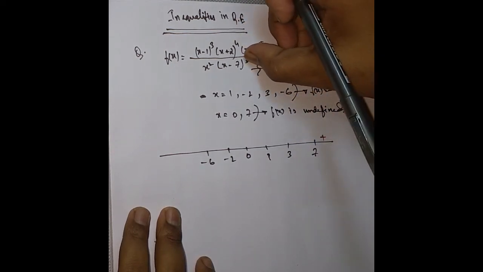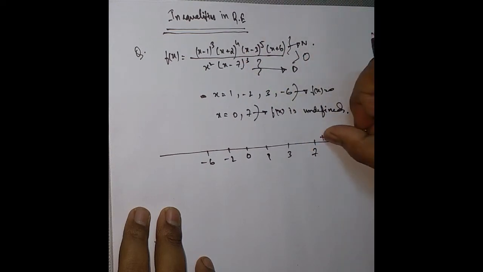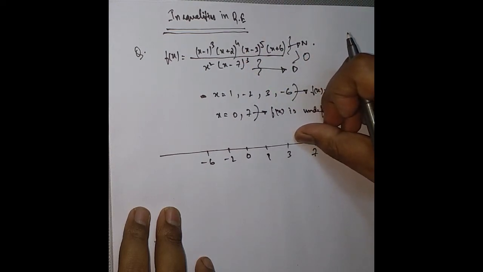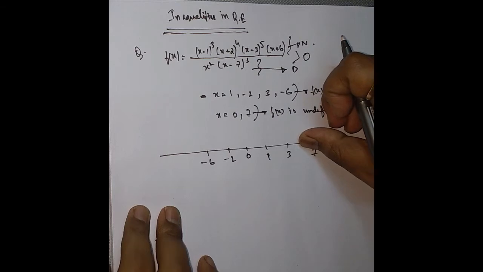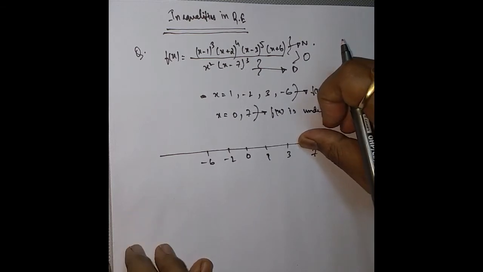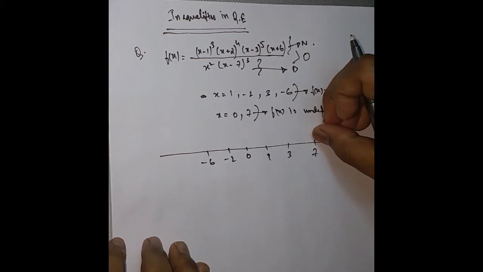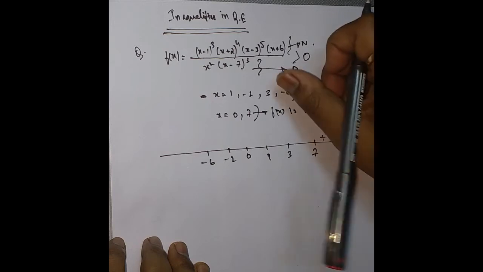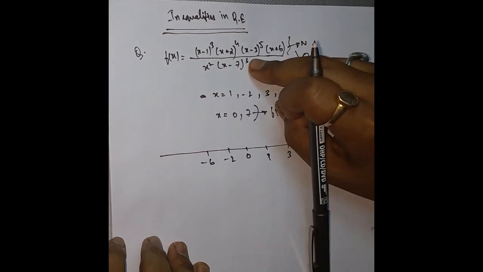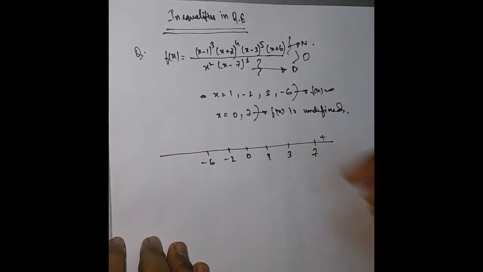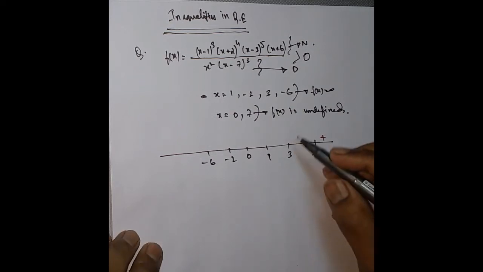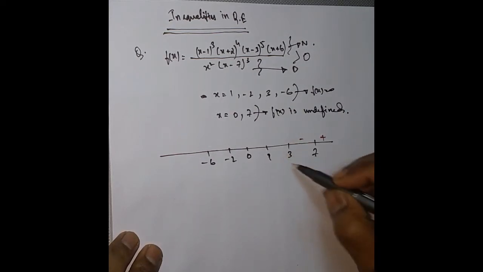If the power is odd, the sign changes, and if the power is even, then the sign remains. Let me check what the power of x minus 7 is. x minus 7, it's 3, so it is odd, so the sign will change, minus. Again we'll see the power, it is 3.